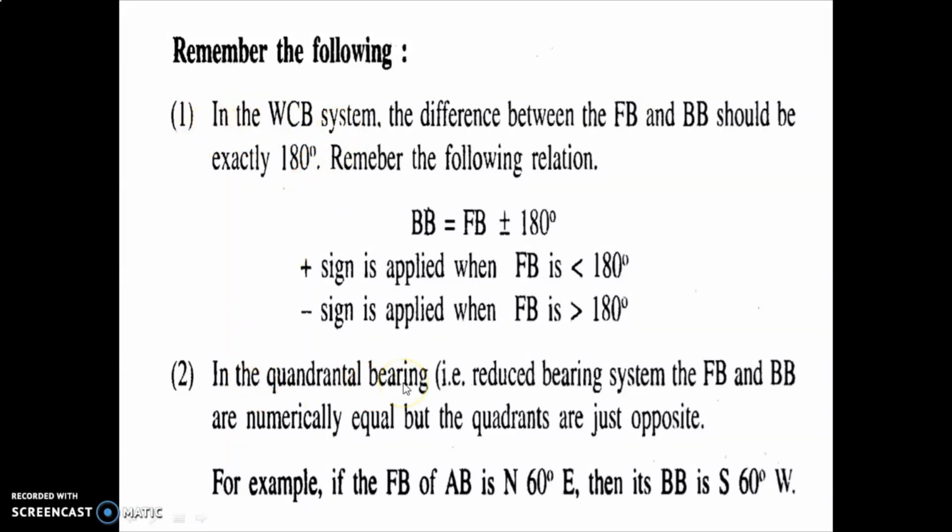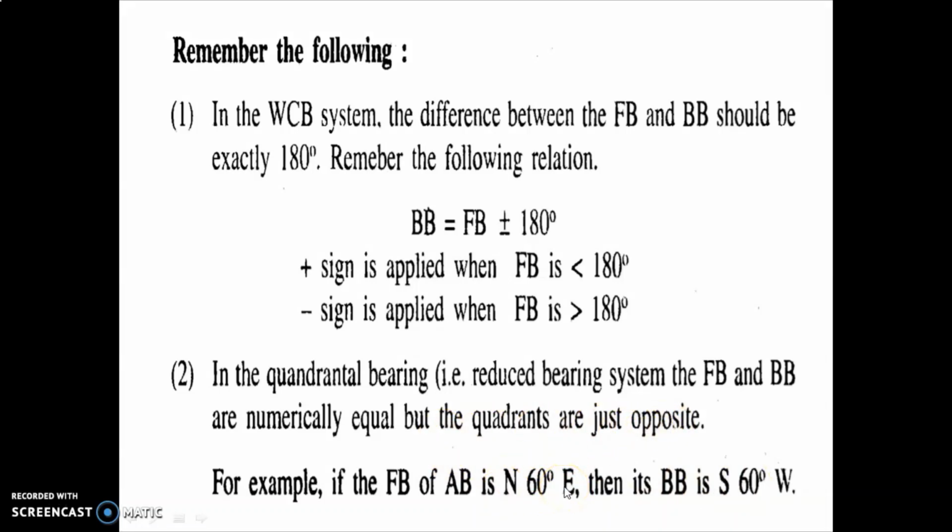In the quadrantal bearing system, the reduced bearing system, forebearing and back bearing are numerically equal, but the quadrants are just opposite. For example, if the forebearing of AB is given as north 60 degrees east, what will be the back bearing? Forebearing and back bearing are numerically equal, meaning the value will be the same, but the quadrant is just opposite.